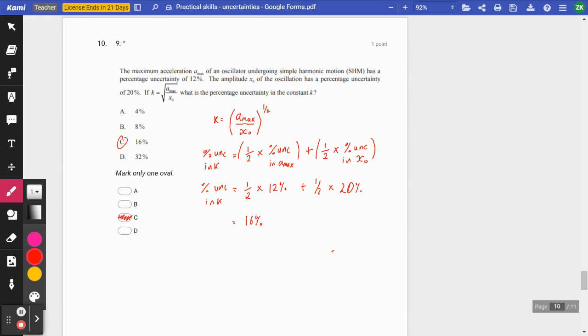Okay, so here it's add the percentage uncertainties. You could add the percentage uncertainties of A max and x naught first, and then times it by a half. At the end, it doesn't make a difference. So here we get a half times 12%, a half times 20%, and that's 16% as your overall percentage uncertainty.